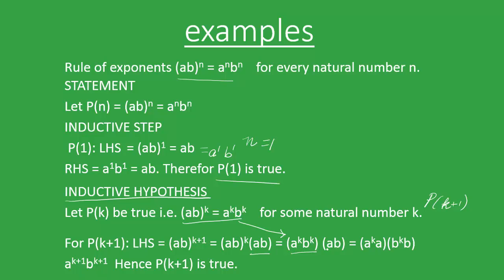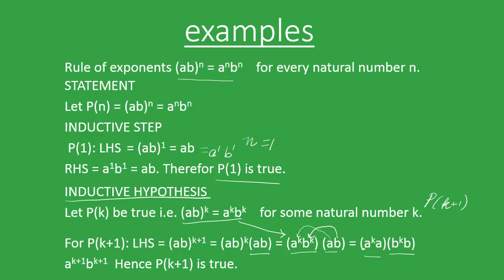After this I just did a manipulation of adjusting the terms, clubbing this a with a to the power k, and clubbing this b with b to the power k, to get a to the power k into a as one term, and b to the power k into b as the second term.